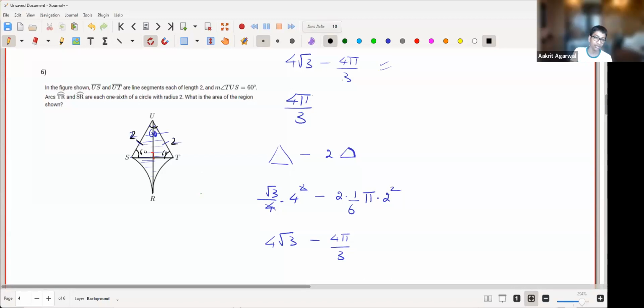After that, I found ST. But before that, I found ST because the half point is 1, since it's 30, 60, 90, and then I doubled that and got 2.